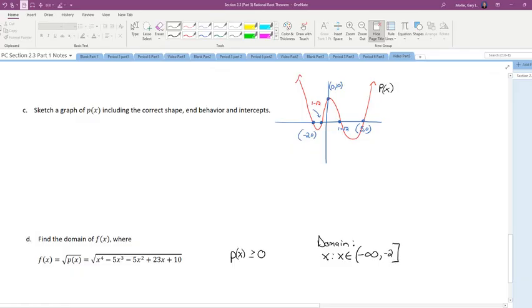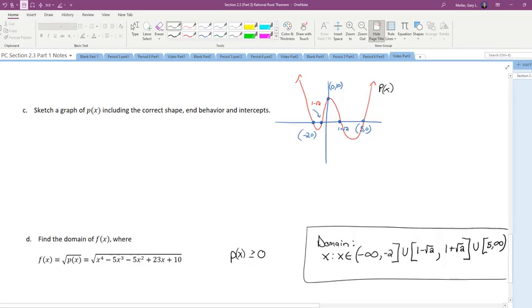But then I go negative for a while, but then I'm going to pick things up again and be 0 at 1 minus the square root of 2, or its decimal equivalent, all the way to 1 plus the square root of 2. Then I go negative again, and then I pick things up again at 5 and go to infinity. So that should be my domain, because that is all these x values. That is when this thing is above the axis, right? So that's when the output is positive.